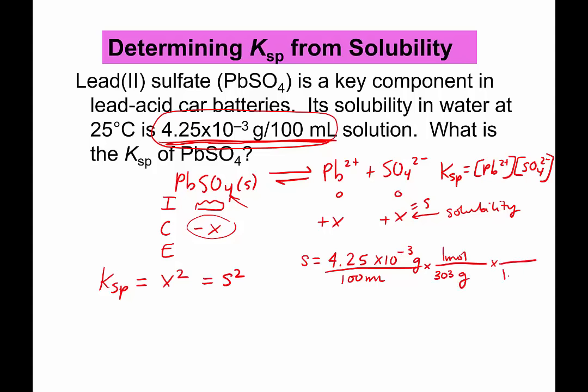We also know that for every 1 liter, we have 1,000 milliliters. So our milliliters cancel out, our grams cancel out, and we're left in moles per liter, or molarity. You should get 1.40 times 10 to the negative fourth molarity. That's our solubility.